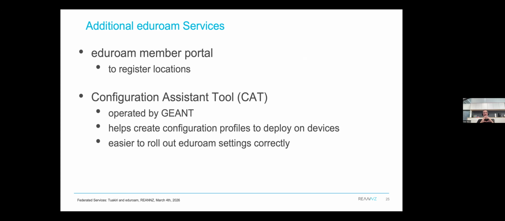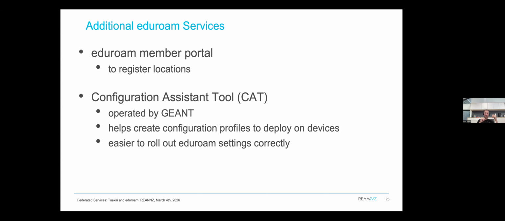And the last service on this list is the configuration assistant tool, CAT. This is a service that's operated by GÉANT, the European NREN that operates most of the core eduroam infrastructure. And the CAT service helps create configuration profiles.